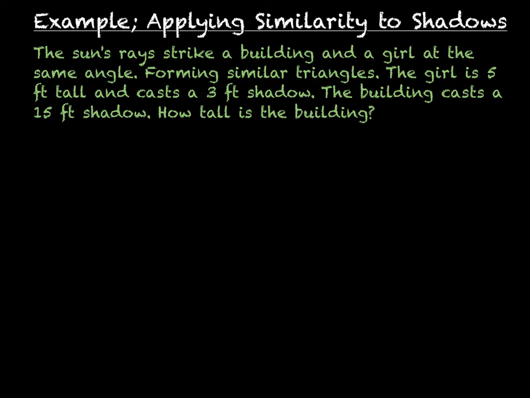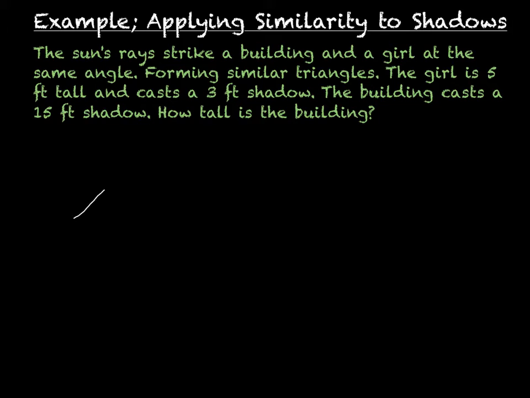In this next example, we will be applying similarity to shadows. Suppose the sun's rays strike a building and a girl at the same angle, forming similar triangles. The girl is 5 feet tall and casts a 3-foot shadow. The building casts a 15-foot shadow. How tall is the building?